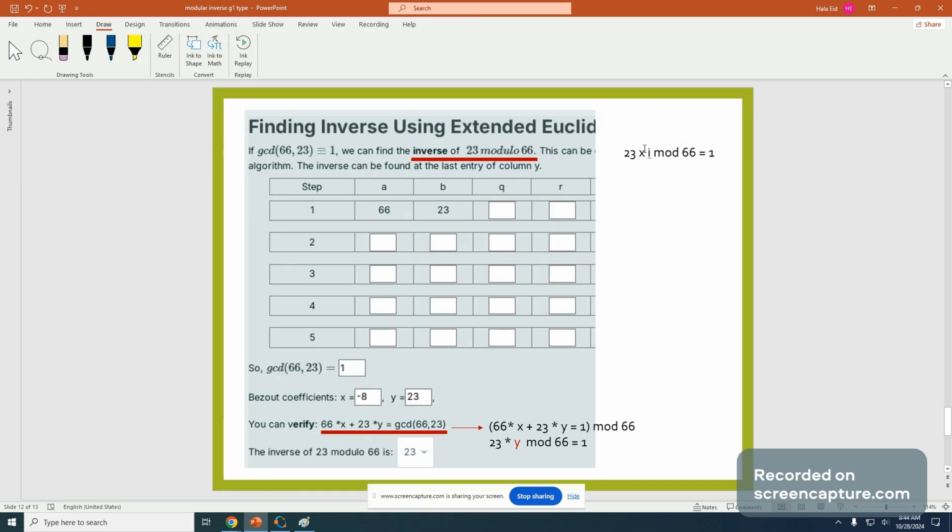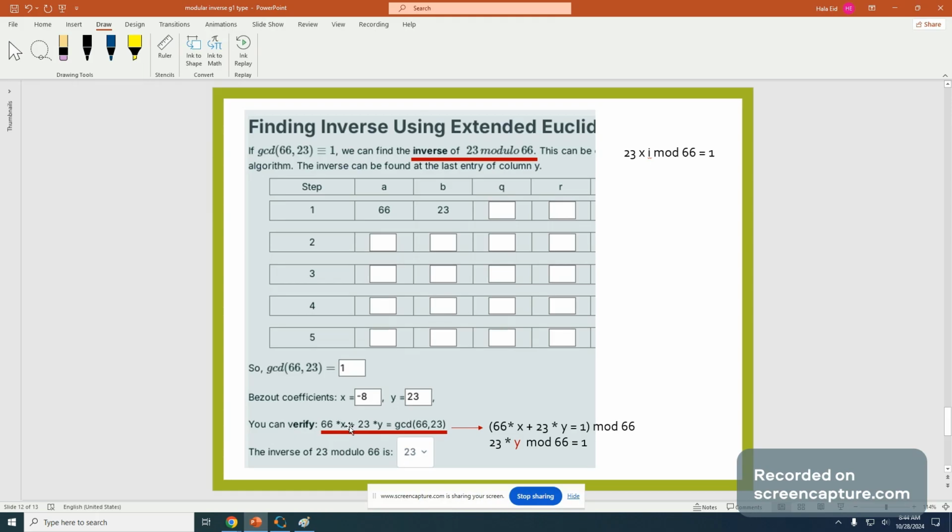How can I get to that number? I can get to it from this linear combination equation. We're trying to find mod 66 and get 1. So I'm going to take the entire linear combination equation, and of course the GCD, the right-hand side, is equal to 1, and I'm going to find the mod 66 of the entire thing.